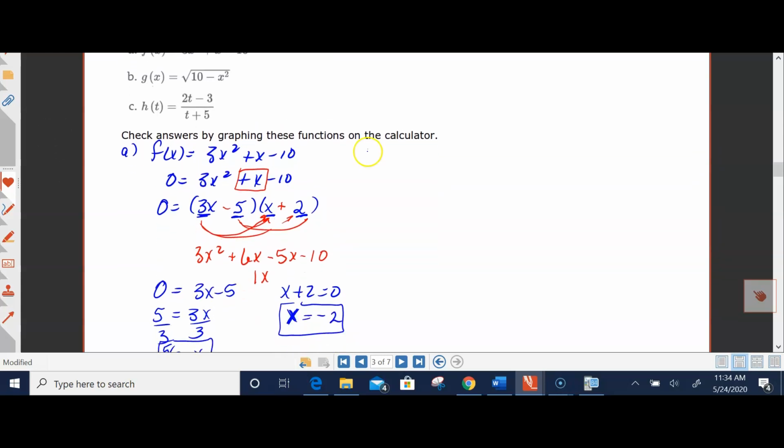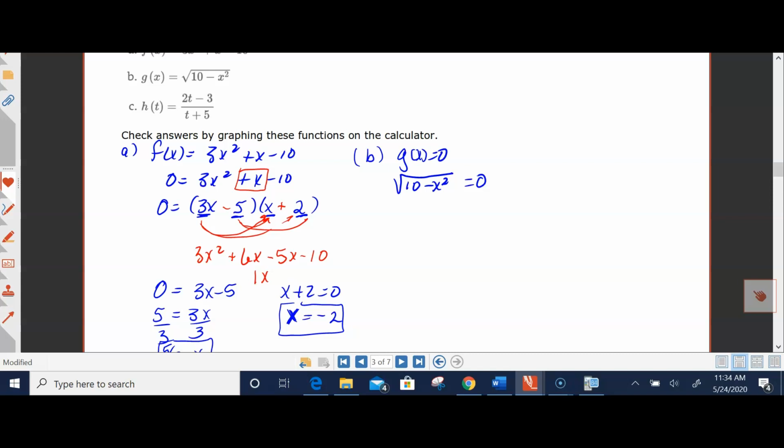Let's look at b. I want to find the zeros of that function, so I'm going to set g of x equal to 0. So it's the square root of 10 minus x squared, set equal to 0. Now this is an equation that has a square root in it.